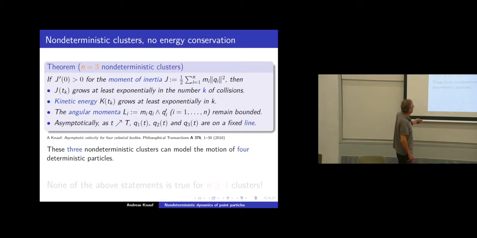So basically in this case, the 3 non-deterministic clusters can model the motion of 4 deterministic particles, for example celestial bodies, because you need 1 tight cluster, as that's the energy reservoir for kinetic energy. That's the minimal number, so to say.